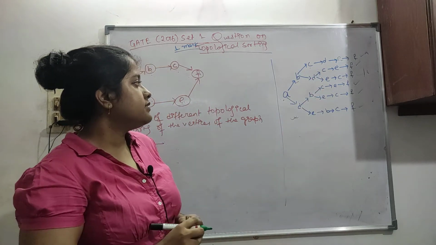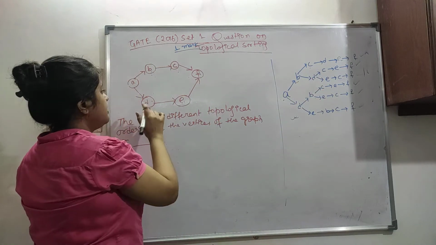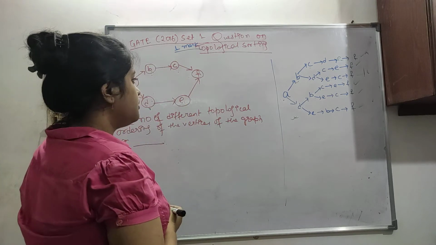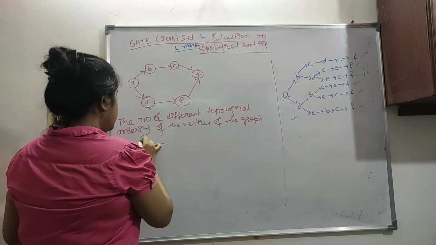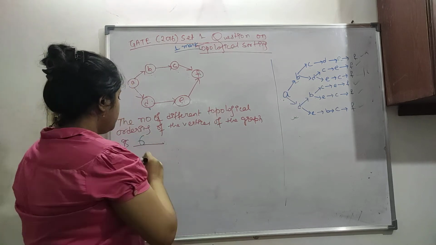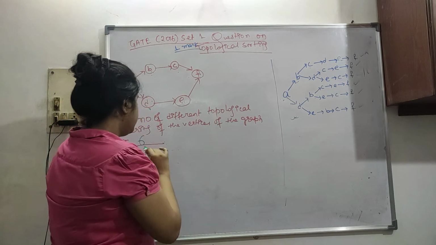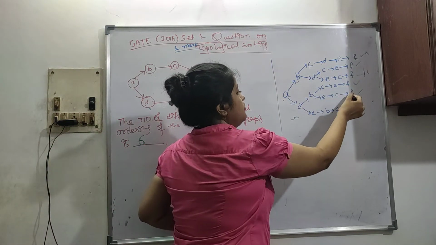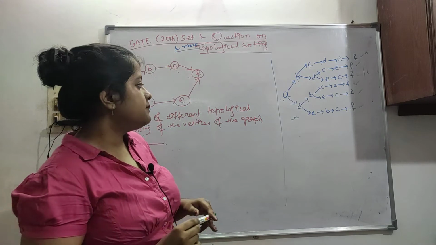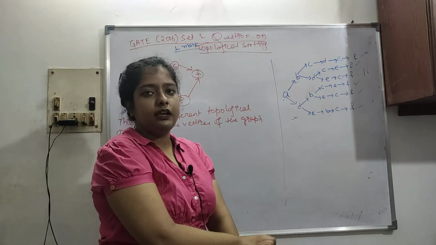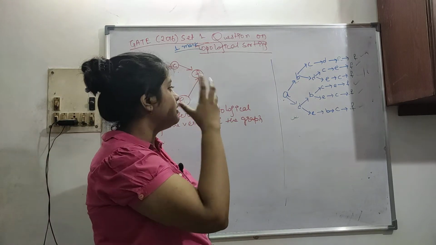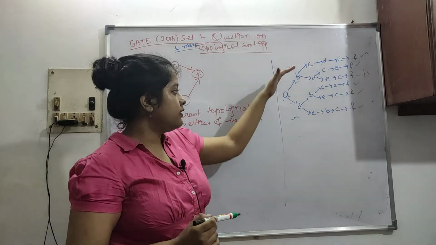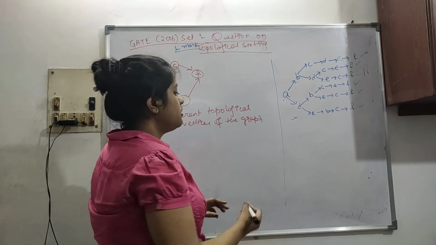It is a tricky question, and if you just write it manually, you can get different answers. Only then can you get the full marks. So six ways we can do: one, two, three, four, five, six. It's better to do it in a tree way than to write manually, and in that way you will get the correct answer.